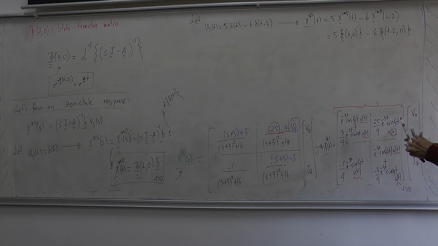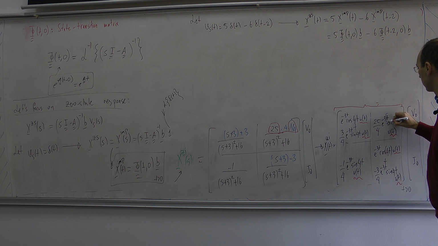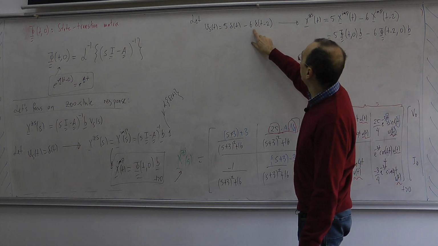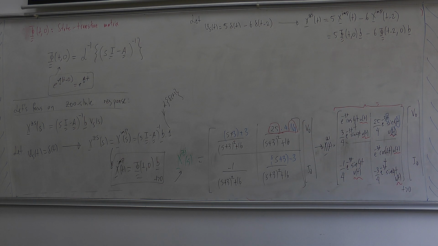For example, here is a t, here is another t, here is another t. So this is the argument. So you replace this t argument by another argument, t minus 2. Essentially, this delays the response 2 seconds to the right, where the second impulse is located. So this is very good.